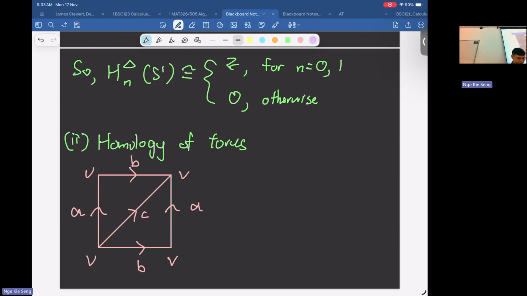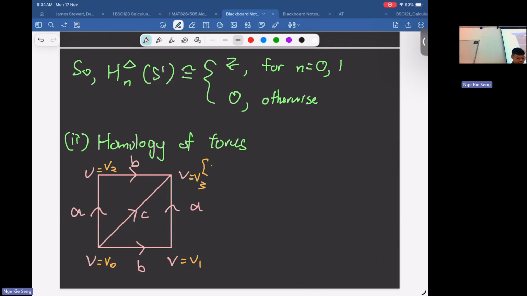For example, here all of them are V. Should I rename them first? If I rename them V0, V1, V2, and on the other side, here we put V2, here V3. Makes sense.